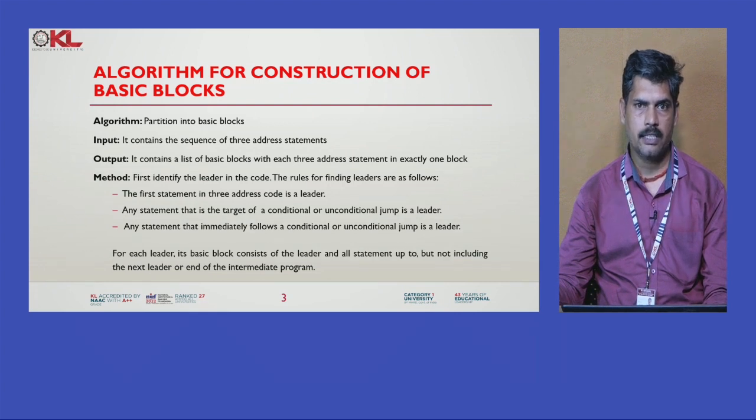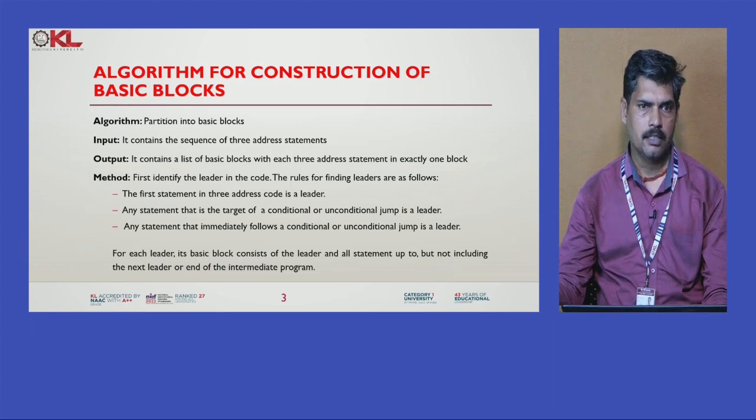The rules for identifying a leader are as follows. The first statement in 3 address code is a leader. Second, any statement that is the target of a conditional or unconditional jump is a leader.